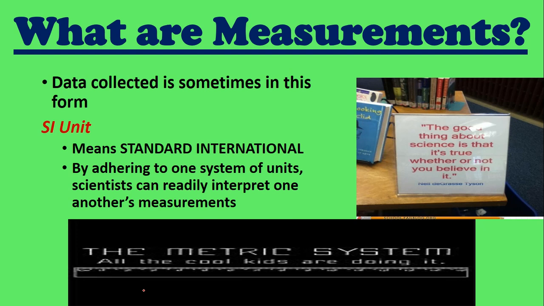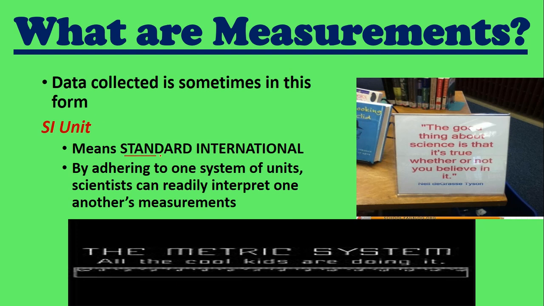And when we do measurements, we also need to use SI units when representing these numbers. SI stands for Standard International. So if we write all of our numbers with these SI units, anyone who looks at our numbers will be able to understand and interpret them.